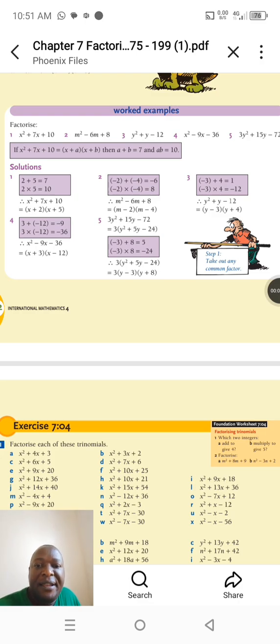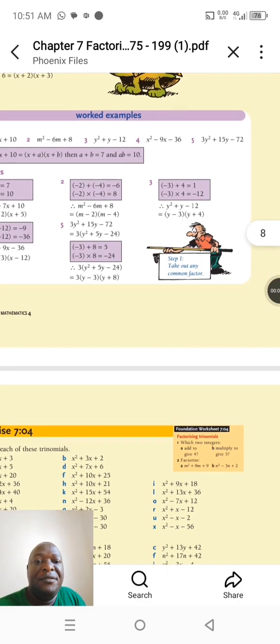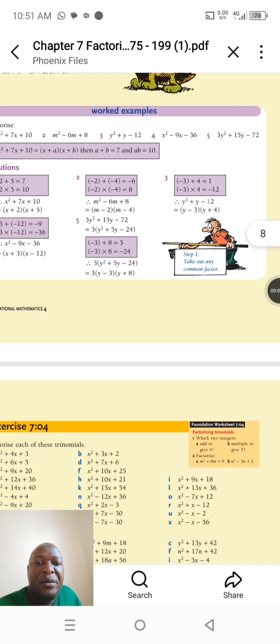Then finally, example number 5, 3y squared plus 15y minus 72. Now, for us to be able to factorize this expression, we need to factor out a constant factor first, in this case 3. So we factor out 3 first, then we remain with an expression y squared plus 5y minus 24.